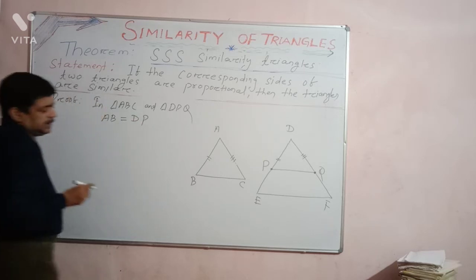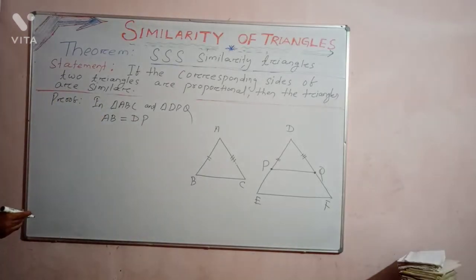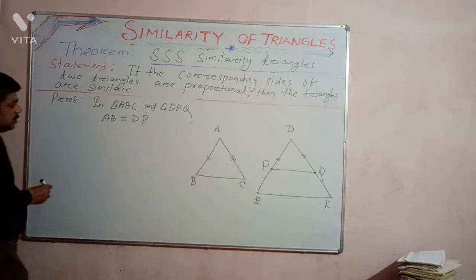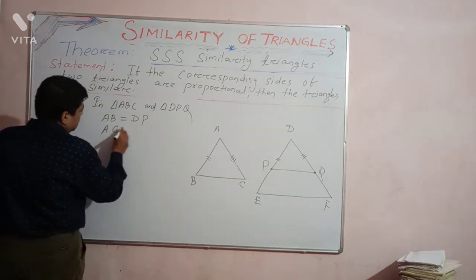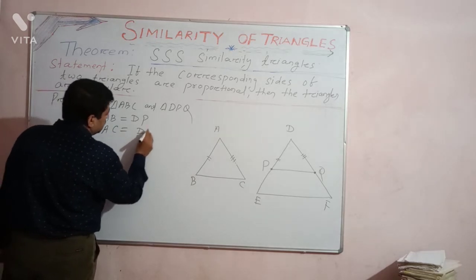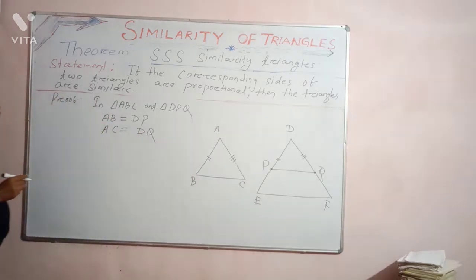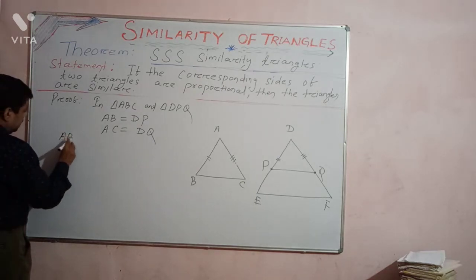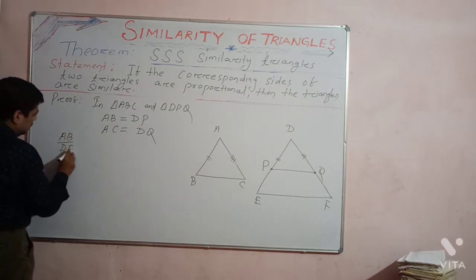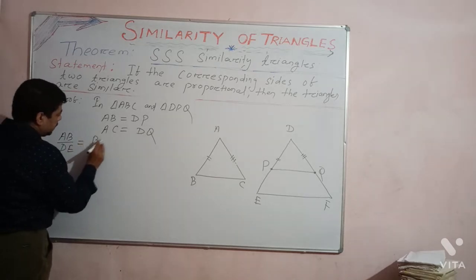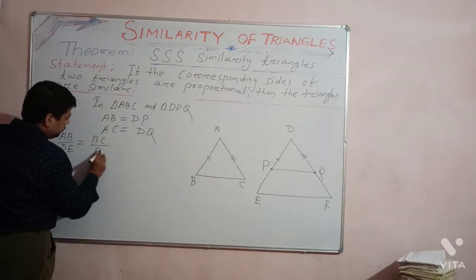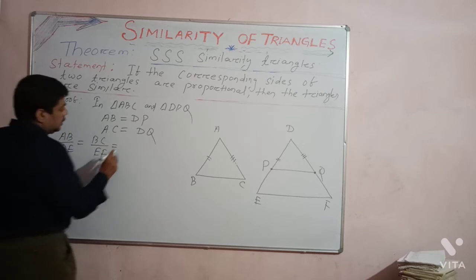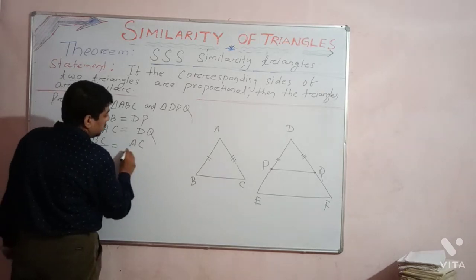Yes or no? Yes, AB is equal to DP. Then AC is equal to how much? DQ. AC is equal to DQ. Yes or no?